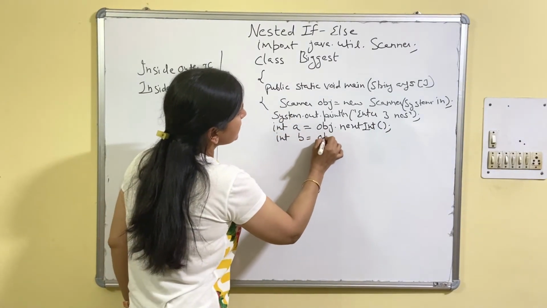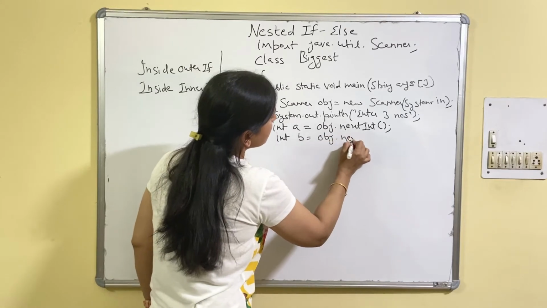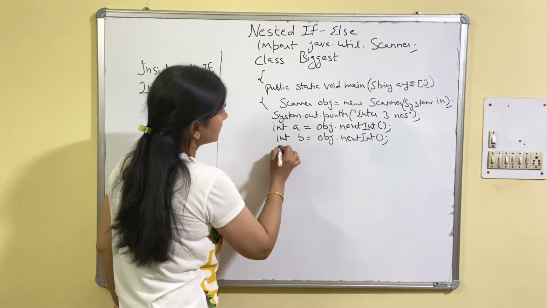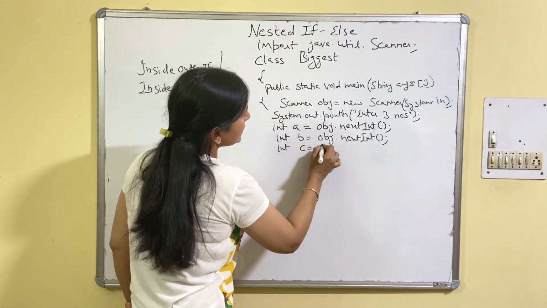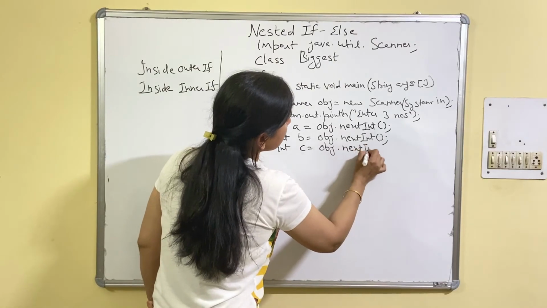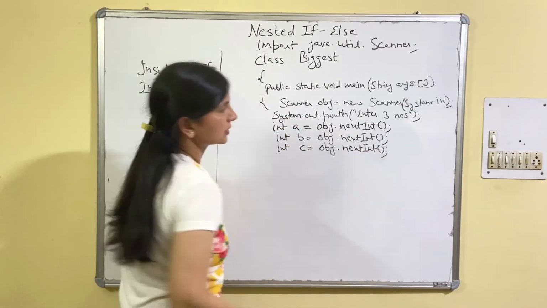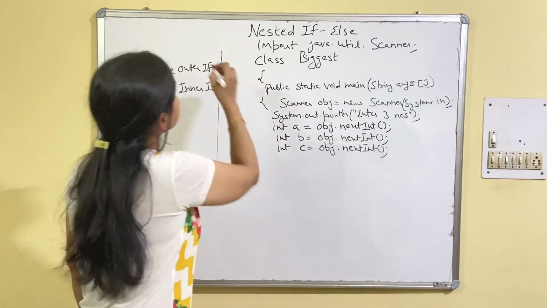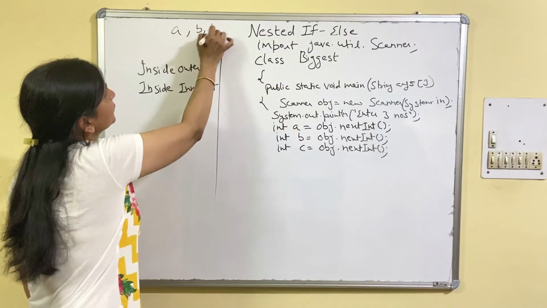Int b equals to obj.nextInt, second number. Int c equals to obj.nextInt is the third number. Fine. Now 3 numbers a, b, c we have taken.